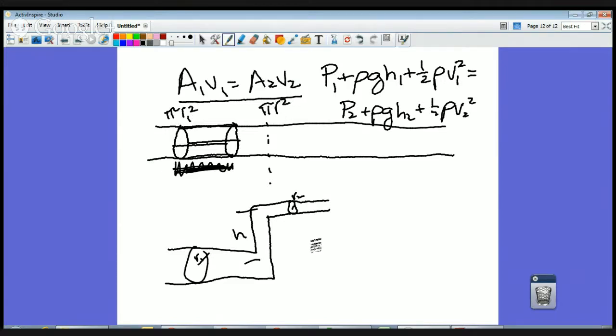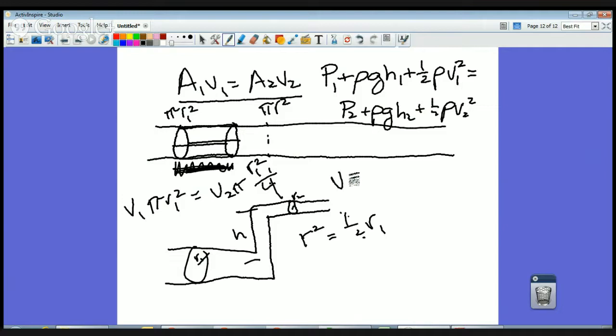So if R2 is only half of R1, then this is pi R1 squared times V. And then this over here is going to be V2 times pi R1 squared over 2 squared, so it's over 4. Right? So don't make the mistake of just saying, well, it's half, so it's going twice as fast. It's not. It's actually going 4 times as fast. All right, so be careful with that.